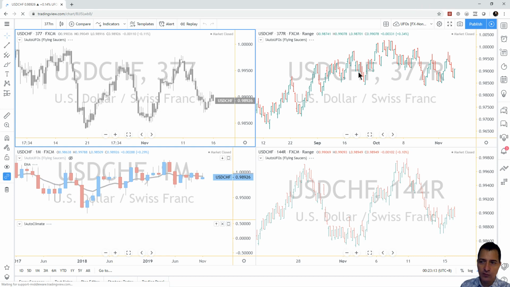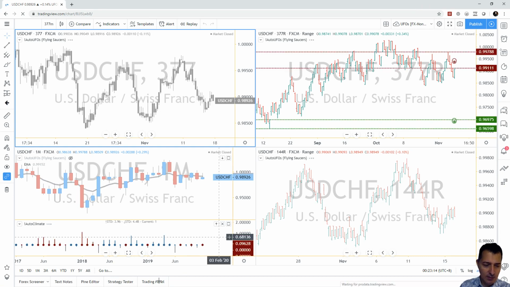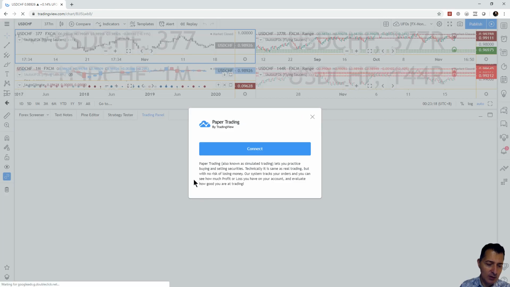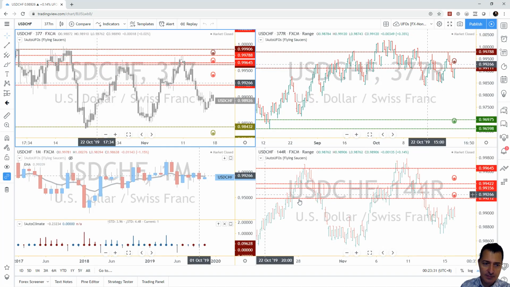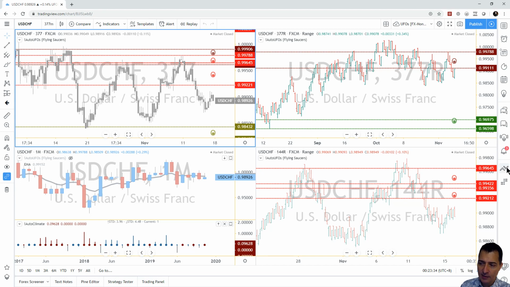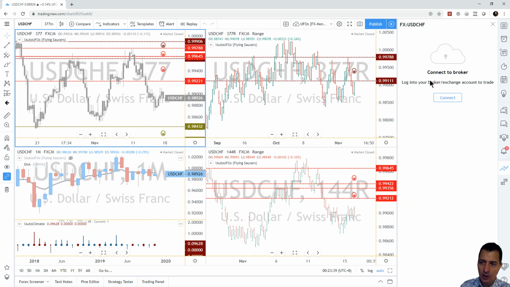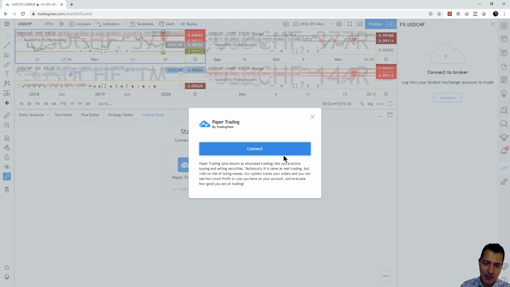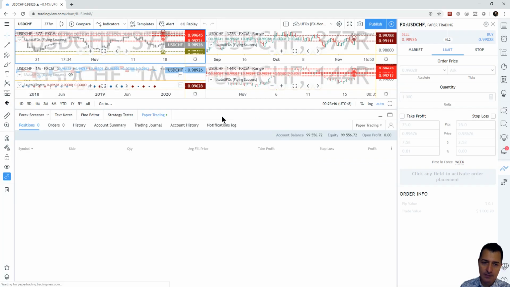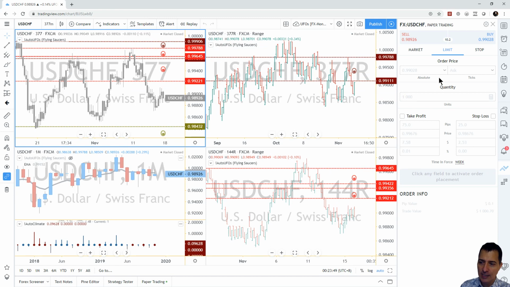Let me start from the beginning. You can click on Trading Panel and connect to a broker. You can connect to paper trading, or you can connect to other brokers too, including Oanda. Once you are connected to Oanda, you will just click here on the right, where you have the order panel, and uncover it. Of course, I cannot show it to you unless I connect to a broker, so I'll get the paper trading. Connect, done, nice. Now I got the panel.